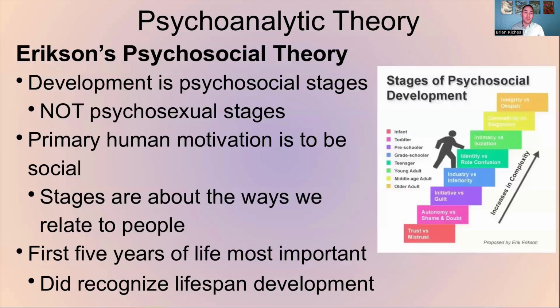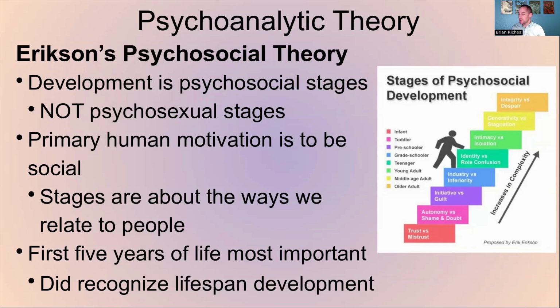So other psychoanalytic theorists that we'll even talk about throughout this course are Erikson. Erikson talked about them not as psychosexual stages, but talked about life developing through psychosocial stages, that our interactions with other people gave us unconscious drives that led us to try and get through different crises through life.